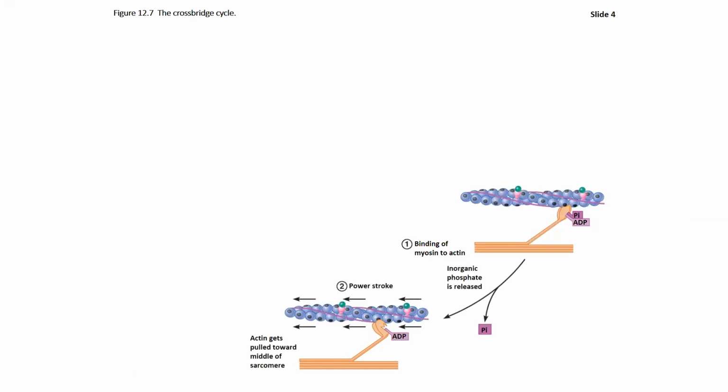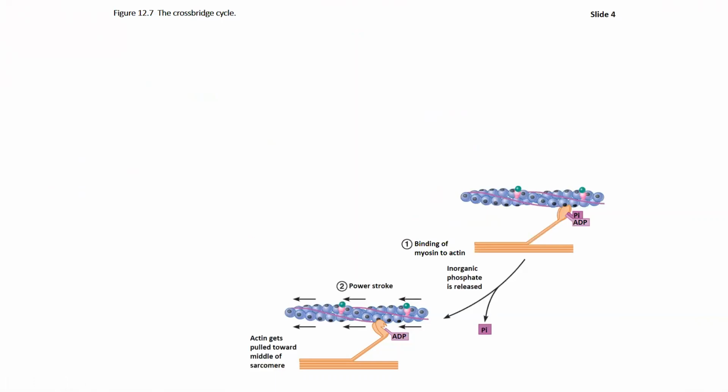Now just to backtrack here, we need to have an understanding of the structure of actin. Actin is a fibrous protein. It's associated with two other regulatory proteins. One is called troponin, this small pink protein, and one is called tropomyosin, which is this thread-like protein that's wrapping around actin. Now, troponin has those 3 binding sites we talked about, one for calcium, one for actin, and one for tropomyosin.